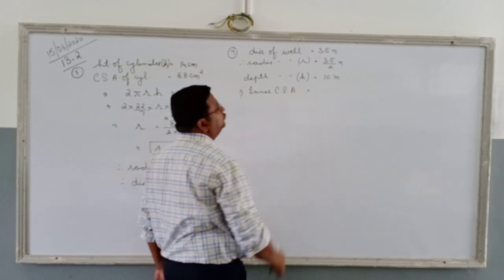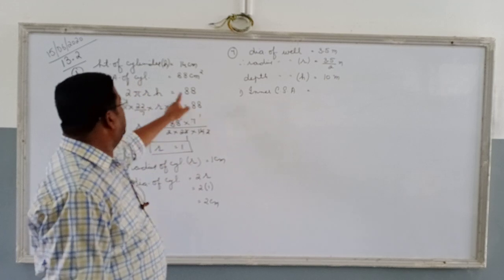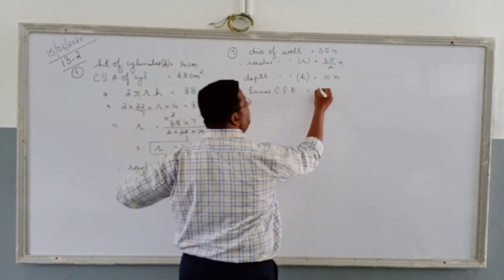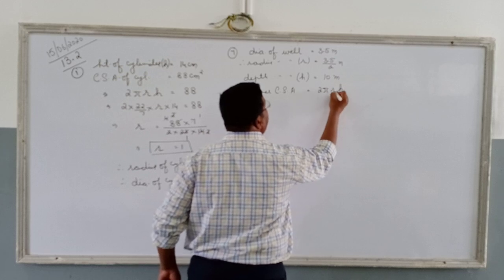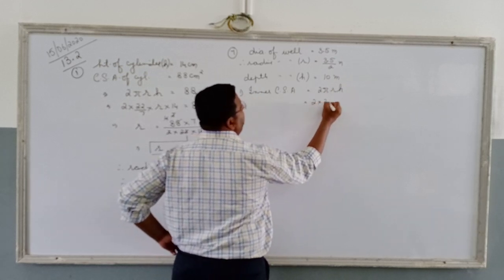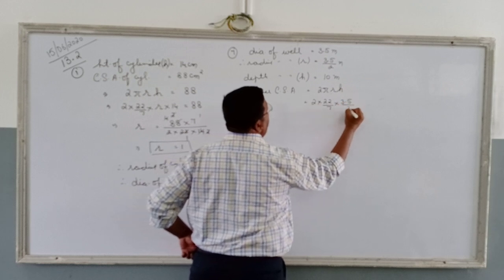So we all know curved surface area of a cylindrical part, inner or outer, is it the same? 2 pi r h. We have the formulas. 2 pi r h. 2 into pi, 22 upon 7, into r, 3.5 upon 2, into h, 10.